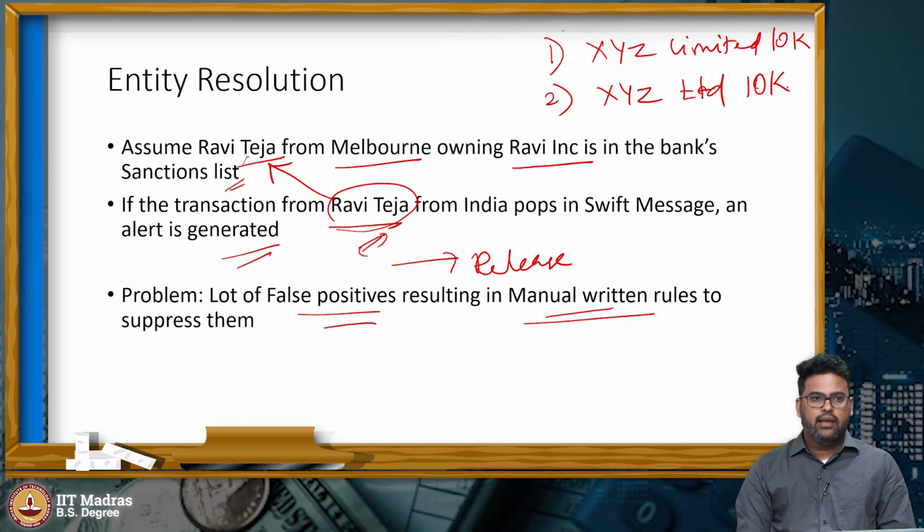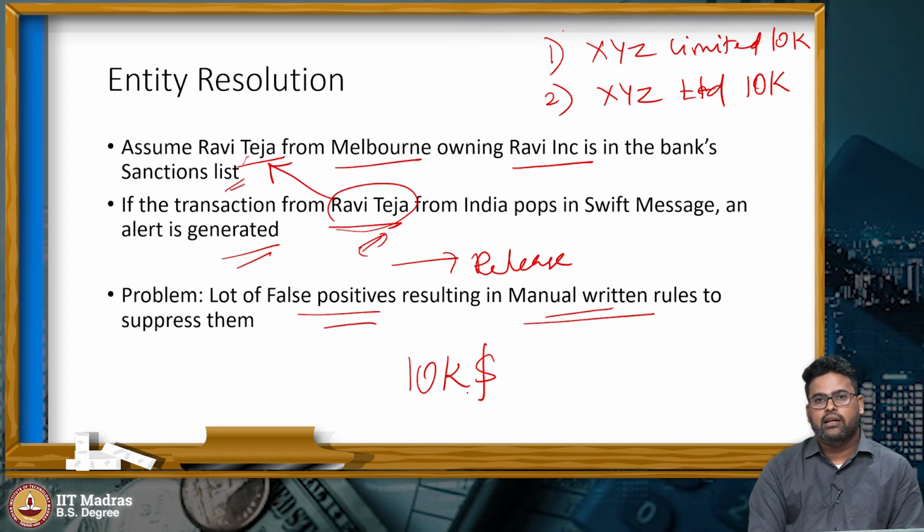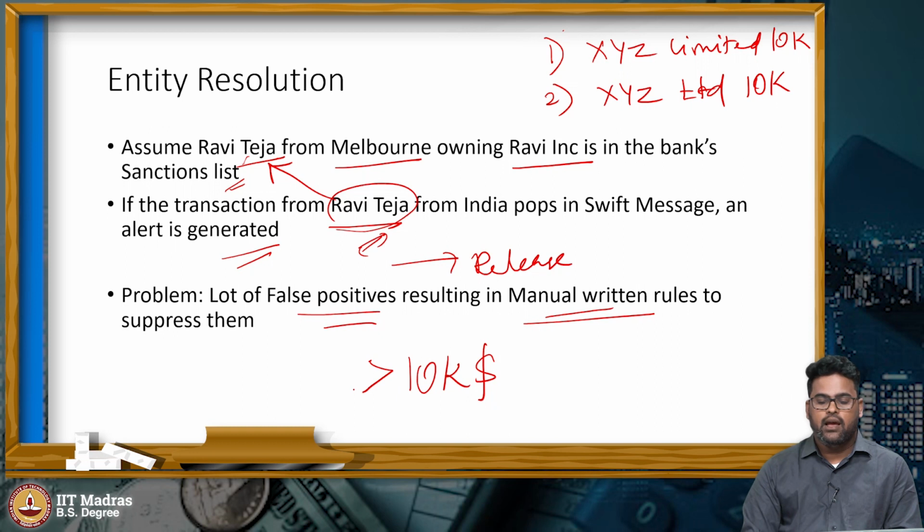Every bank has a system in place where they set a threshold beyond which a transaction has to be investigated. So assume that the bank had set a transaction amount limit of $10,000 beyond which a particular entity has to be investigated.